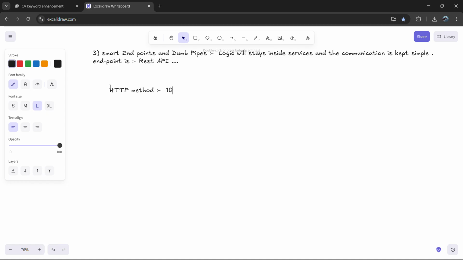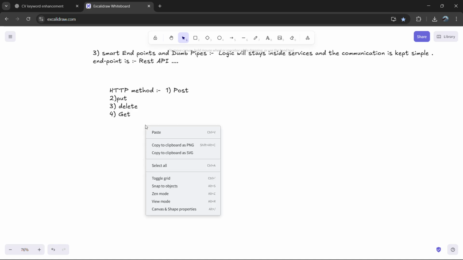One is post, second is put, third is delete, and fourth is get. These are the HTTP methods which help the services communicate with each other.